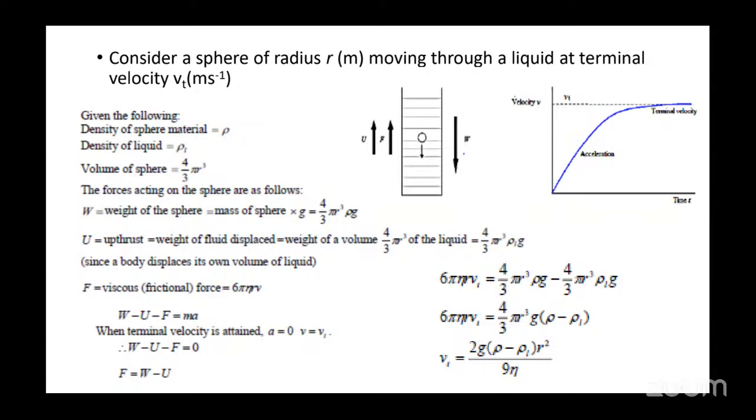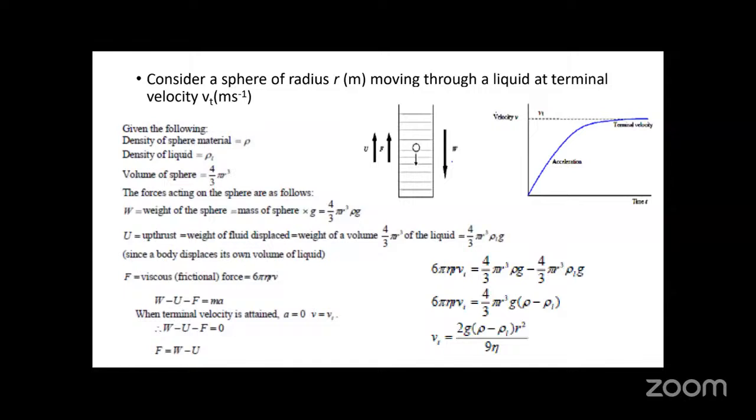If we write an expression for that, we have F is equal to W minus U. F is the drag force, W is the weight of the object going down, and U is the upthrust. To simplify that, you will see what I have done there.